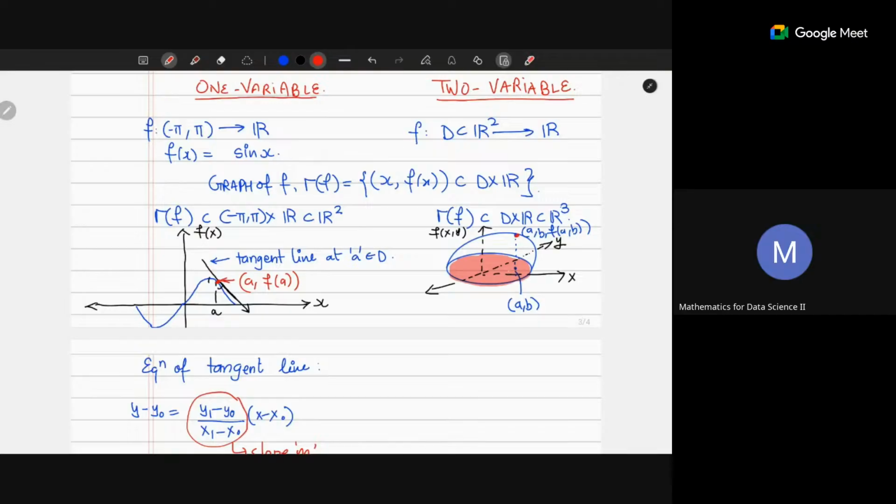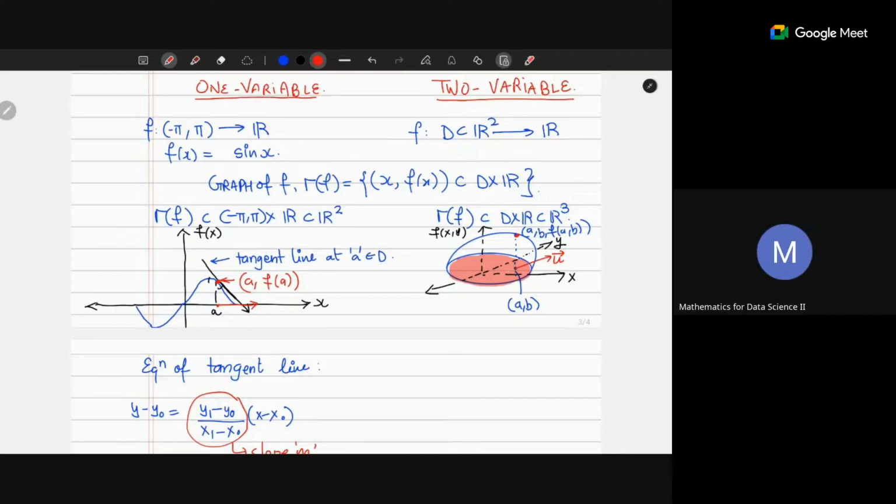All right. And now, suppose you also have a direction. In the one variable case, there was only one direction. In this case, there are infinite possibilities of direction. So let's take this unit direction, u, along which you will perform the directional derivative.